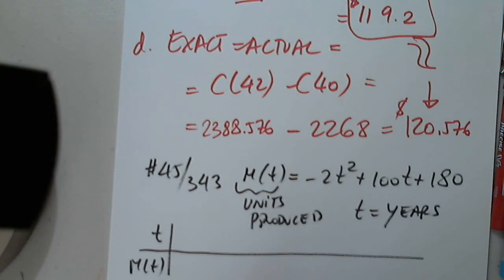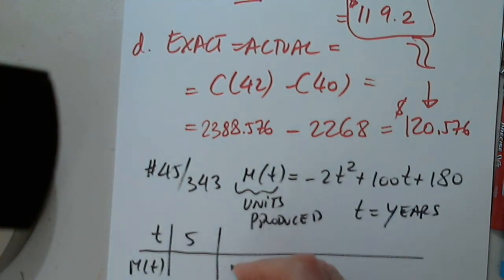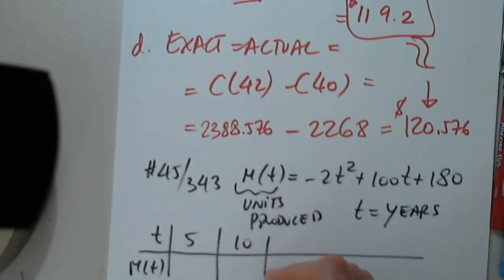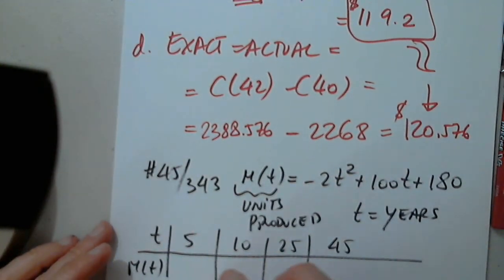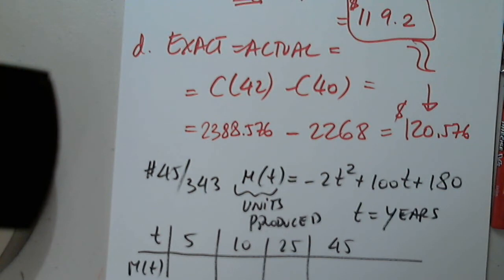So they want t, 5, 10, 25, and 45. It's always easier to see things in perspective in terms of the table, right? So you'll see if it's increasing, decreasing. I'm not forcing you to use that, but I think it's a good idea.